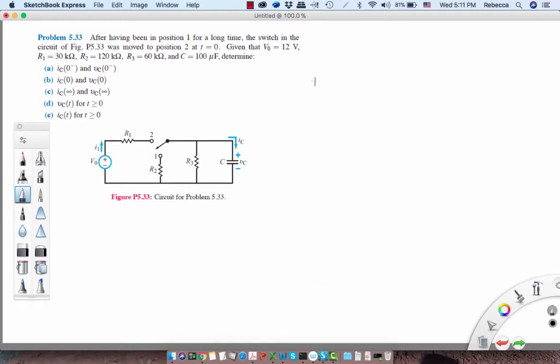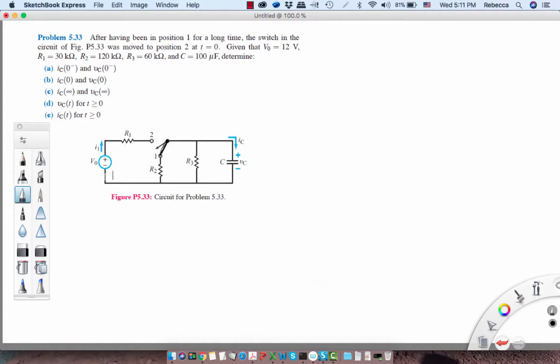So we'll start with that. For 0 minus, we have to look at where the switch was before time t equals 0, and it was at position 1. And so before time t equals 0, it looked like this. If the capacitor had been charged, it would have discharged through this resistor.